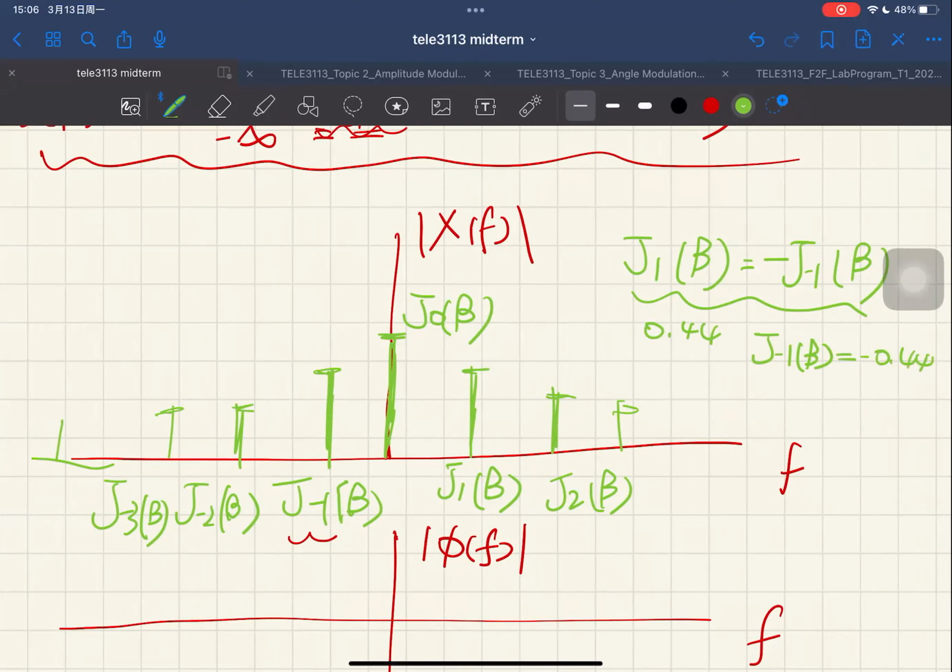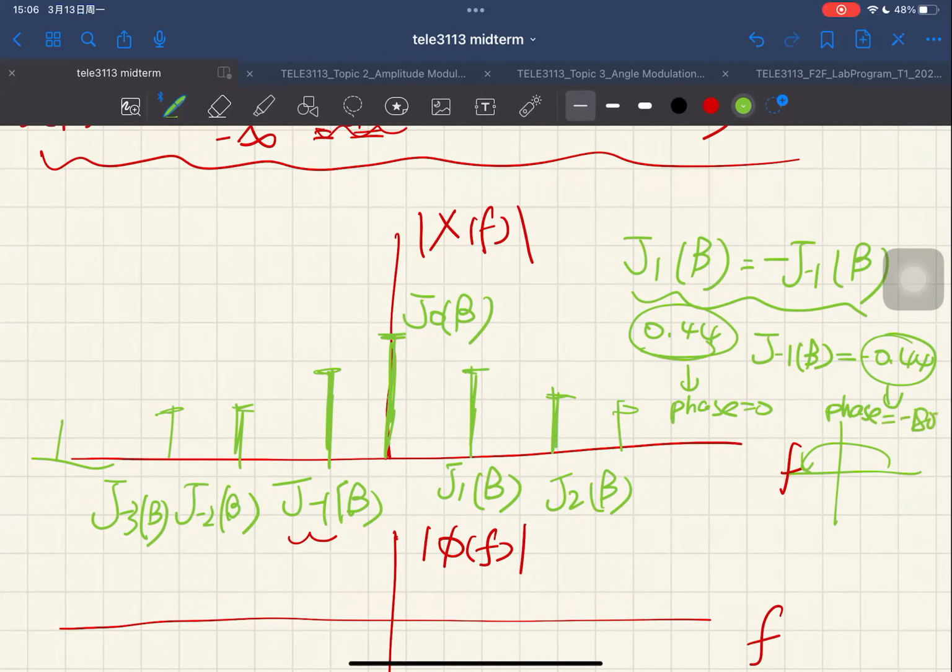So what is the phase of the positive one? It's just 0. So how do you express this negative number in the phase, in the complex plane? Essentially, you do a 180 degree shift, so the phase of this one will be minus 180.